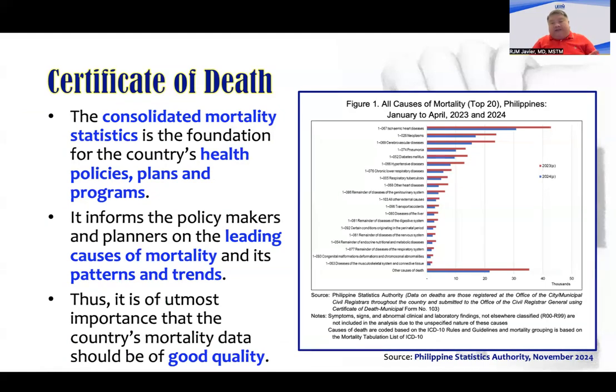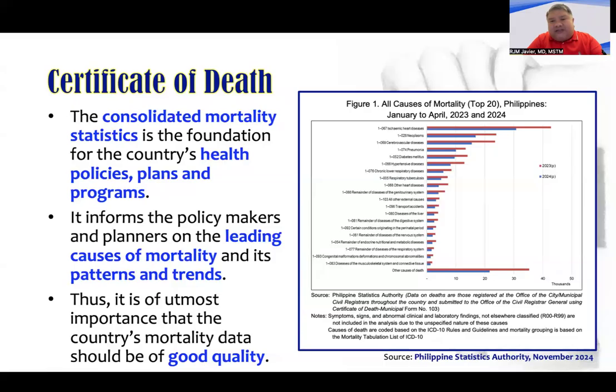I tried to see if I can find information on the latest leading causes of death among Filipinos for 2025. However, despite diligent efforts, the PSA only reports the data as of November 2024. But if you're looking closely into these, there is a comparison of what happened in 2023 versus 2024.